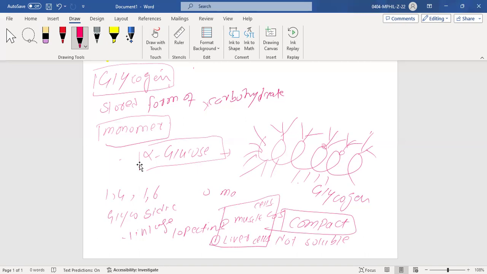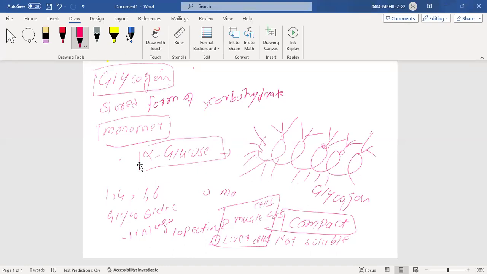So this is the point related to glycogen. I think we should conclude here. In the upcoming class we can complete this topic, and we will discuss two more topics, lipids and proteins. These are important chapters having some concepts, so you should understand them well.